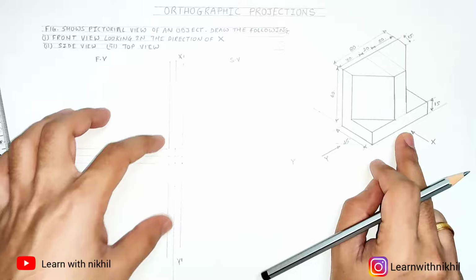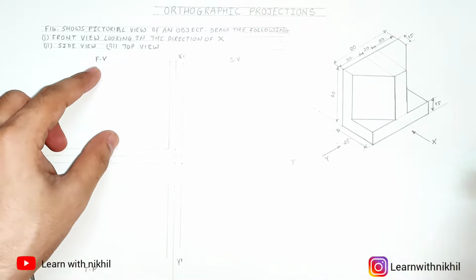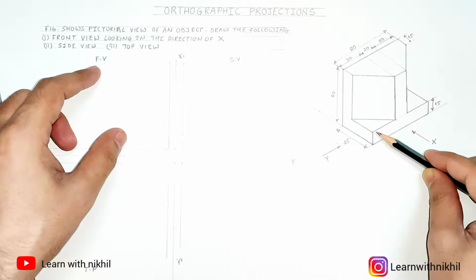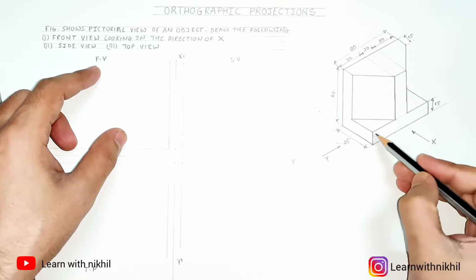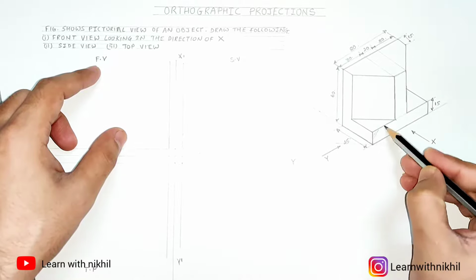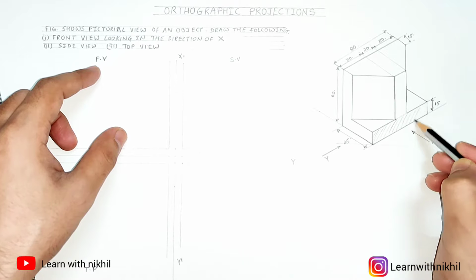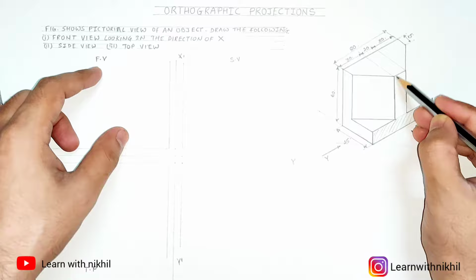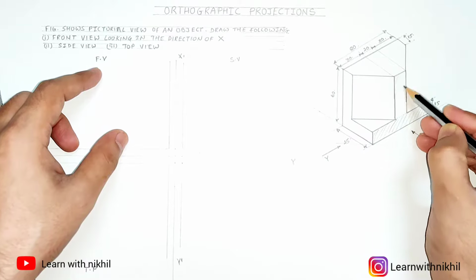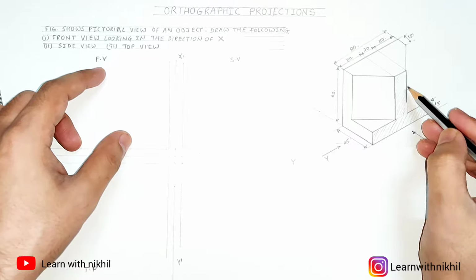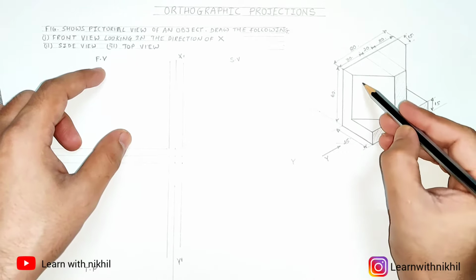Now for the front view, just look at the dimensions. This direction shows the front view. So I'll mark what will be the image which will be drawn from the front view. This highlighted part will be visible from the front view.